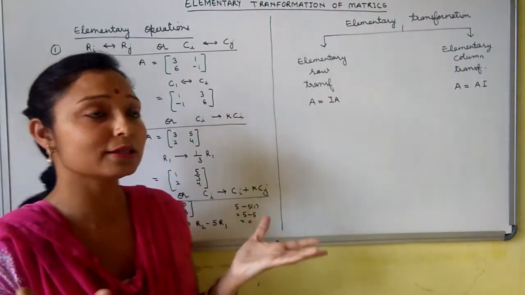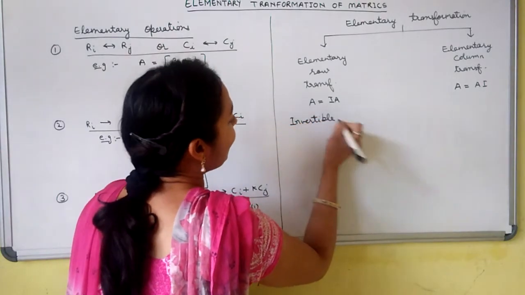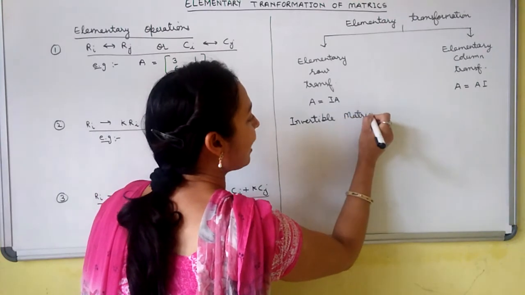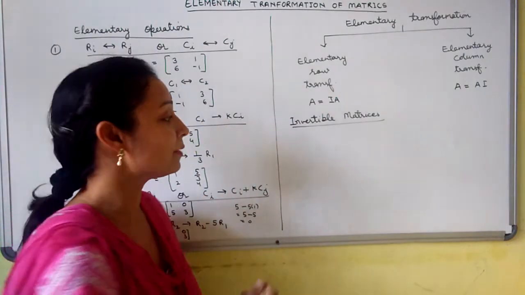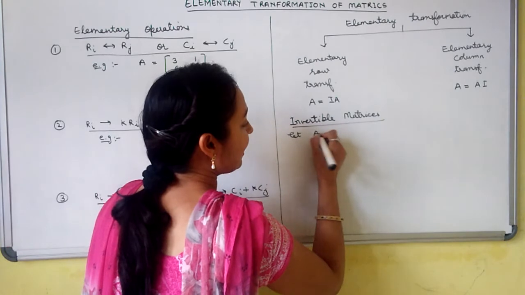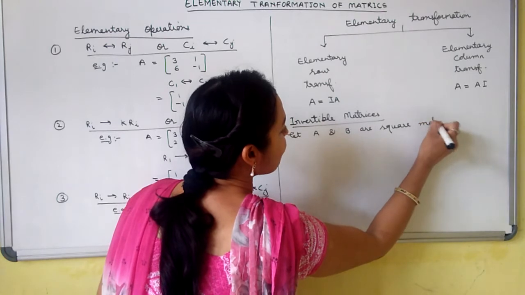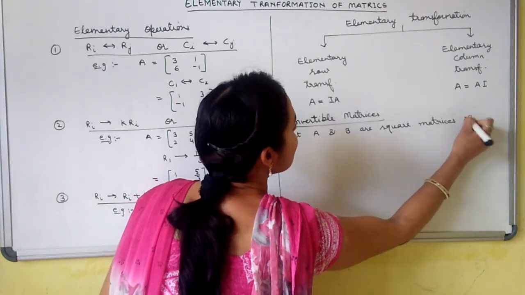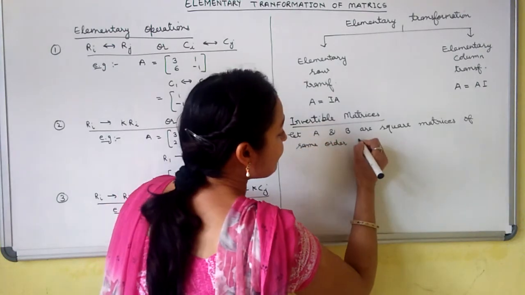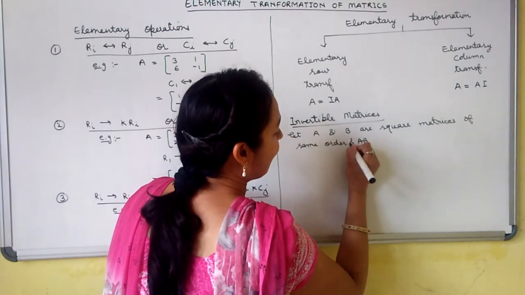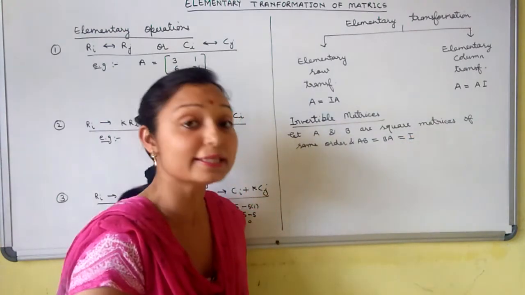What is the meaning of an invertible matrix? For finding the inverse, we should have an idea of invertible matrices. Let A and B be square matrices of the same order, and AB equals BA, and after taking the product, that equals the identity matrix.